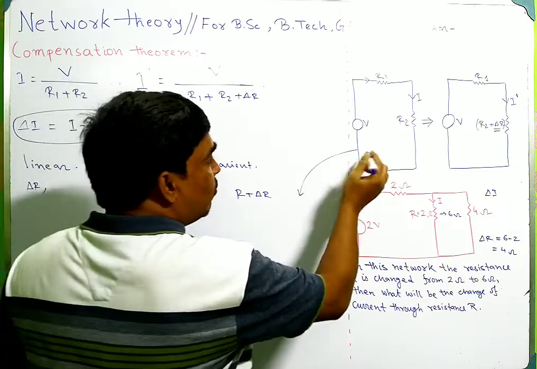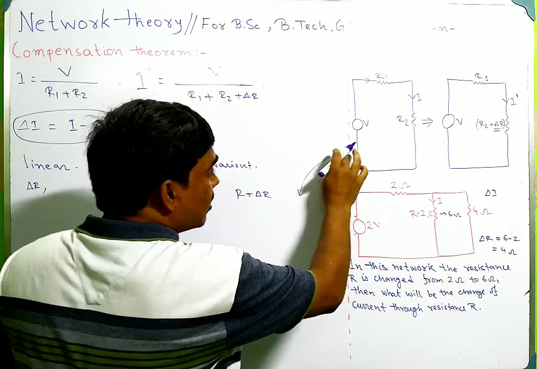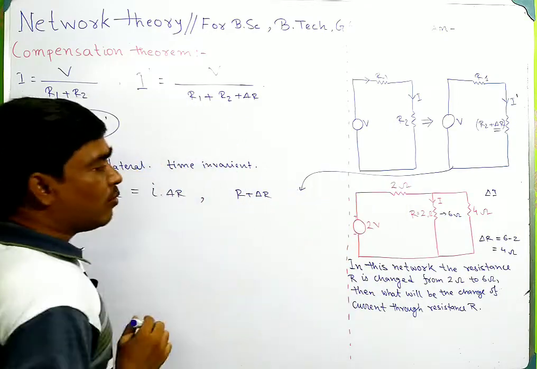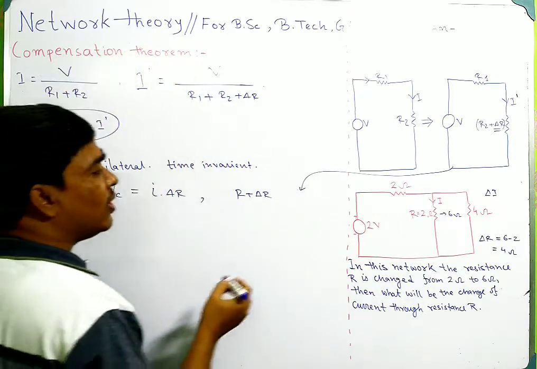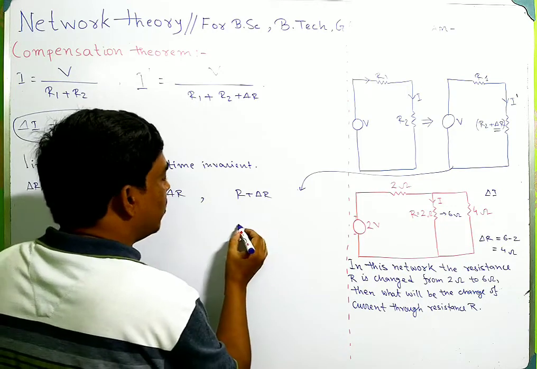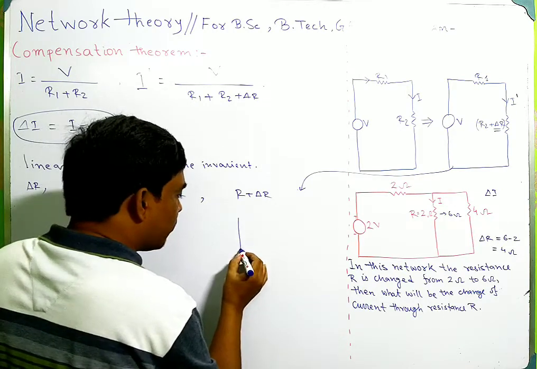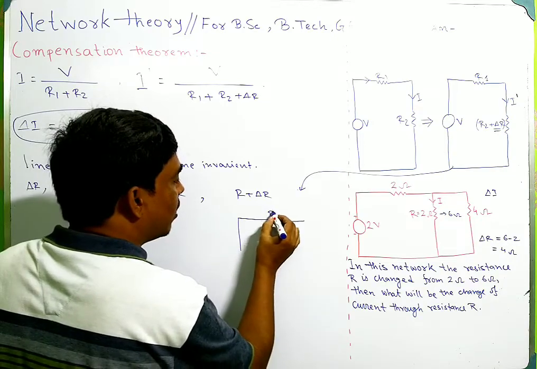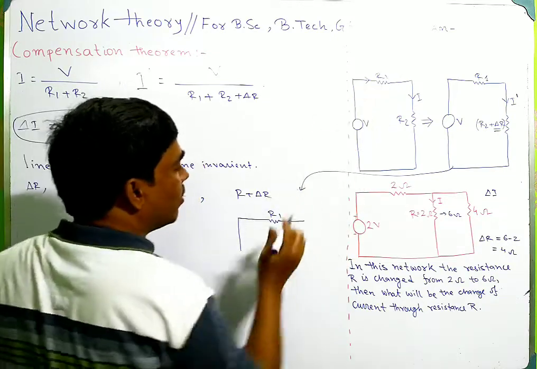So if I replace this network using the compensation theorem, it will be like that. This resistance R1 is the same.